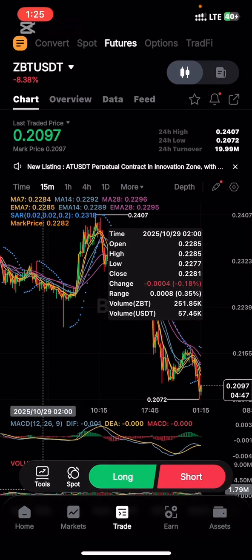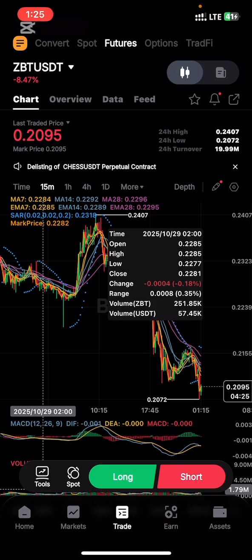Now you can see the market price up here, the green 0.2097. It has reduced. So now you have to wait for the market to get to 0.2118, like the signal sent, before you can enter that trade.